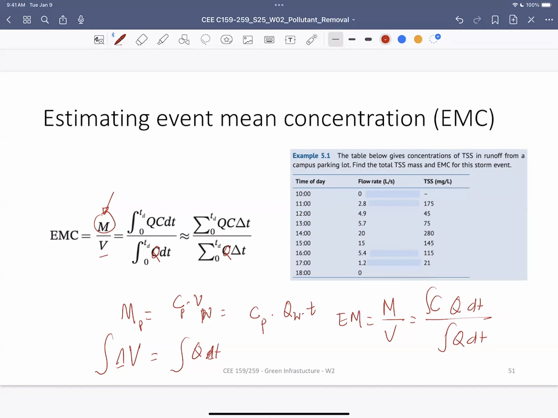So that's how we can calculate. All that means is if you take different samples, you calculate the mass of pollutants.